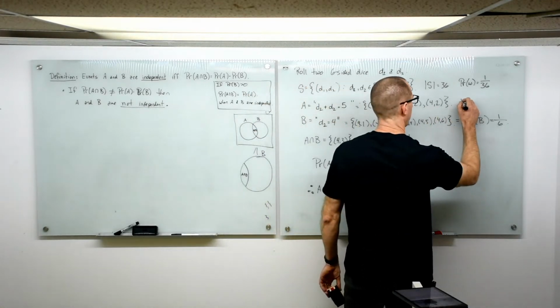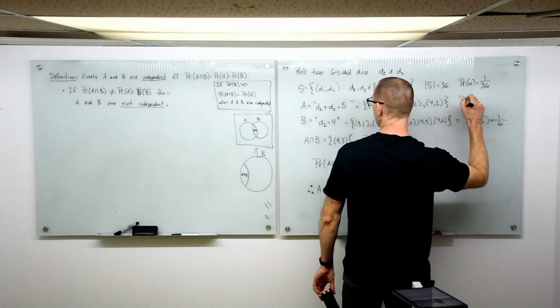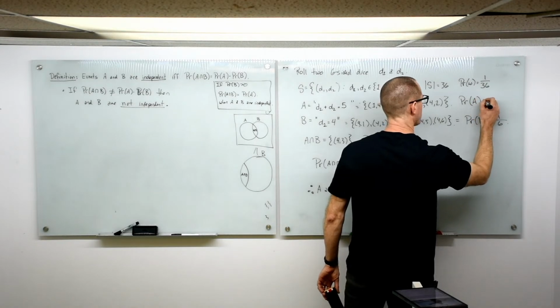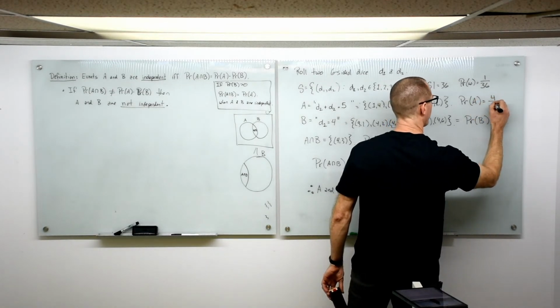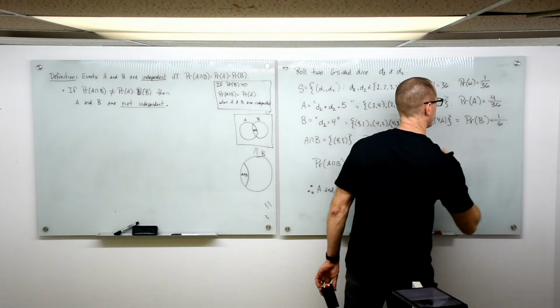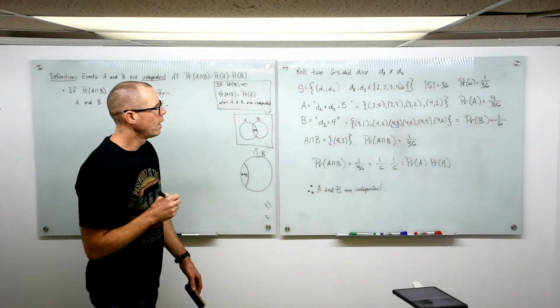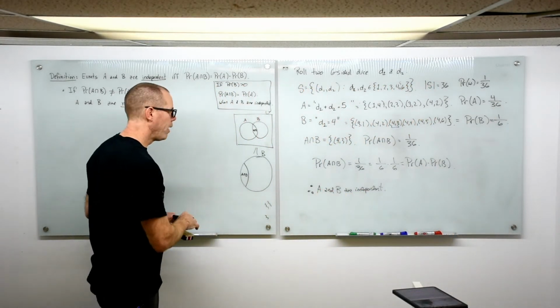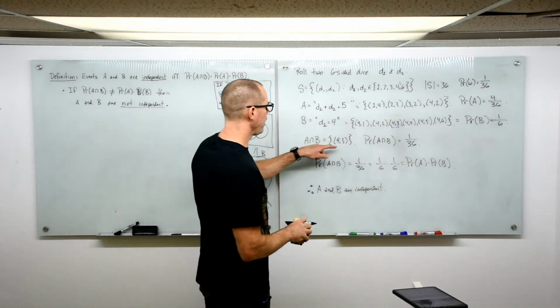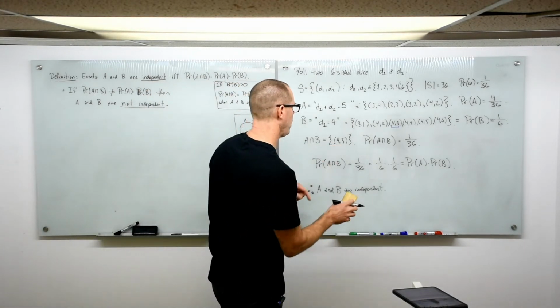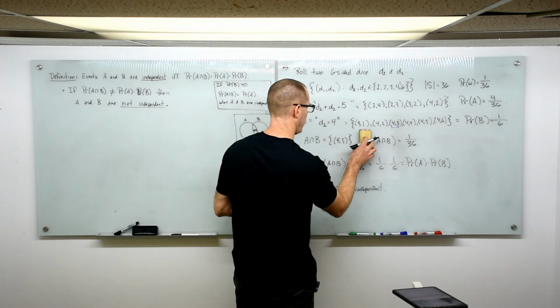So the probability of A in this case is 4 out of 36. If we look at A intersect B, it's not the same anymore.